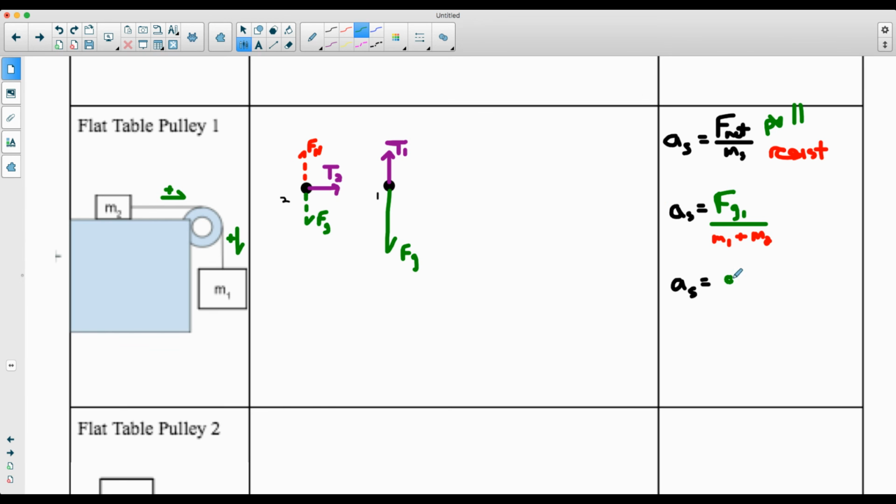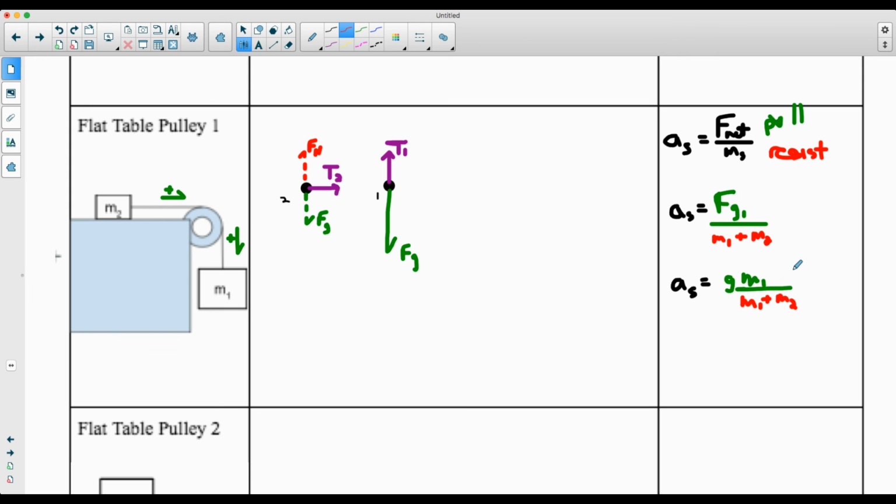I'll put G over here times the mass of block 1 divided by the combined mass 1 plus 2. That's it, done. And reasonably, this makes sense as well. This is saying that the weight of the puller, which is only M1, is having to pull the combination M1 and M2.